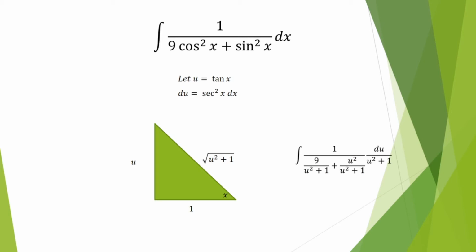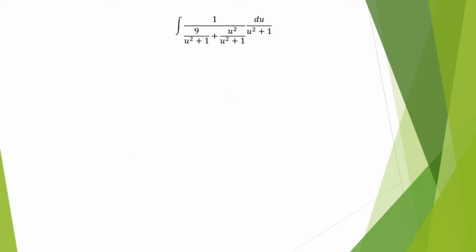And I know that du is equal to secant squared x dx. So if I solve for dx, that's just cosine squared x du. And cosine squared is 1 over u squared plus 1. So that's why I have du over u squared plus 1. At this point, I see that the u squared plus 1 is in the denominator with 9 over u squared plus 1 plus u squared over u squared plus 1.